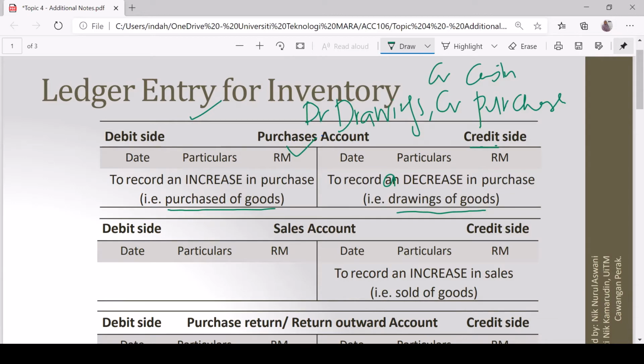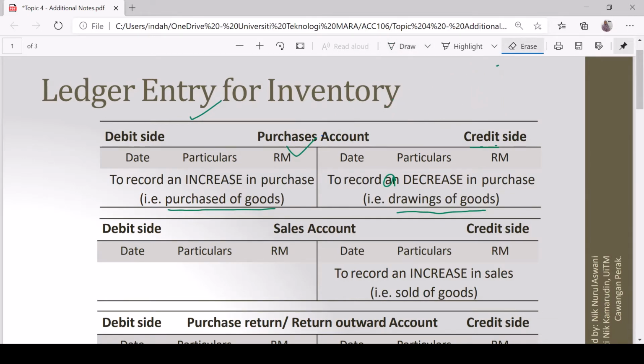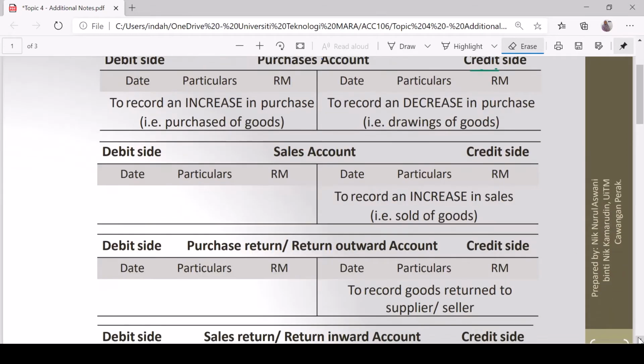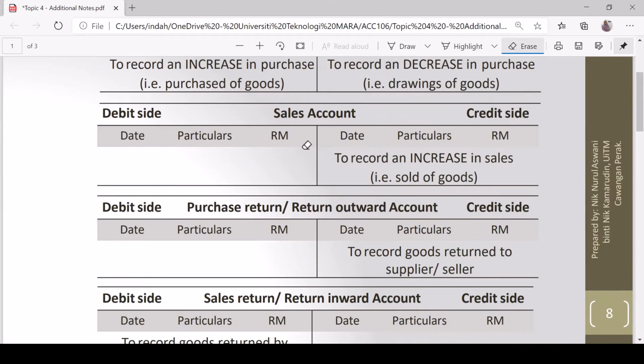What about the inventory that goes out? Why does our inventory go out? That is because of sales. You sold goods to the customer.